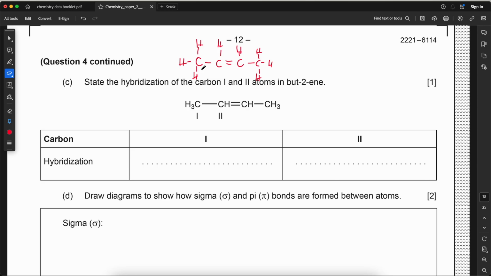Okay, for the first one, it has 4 domains. If it has 4 domains, it will be sp3. And for the second one, it has 3 domains. That would be sp2. 2 domains like this, that would be sp.